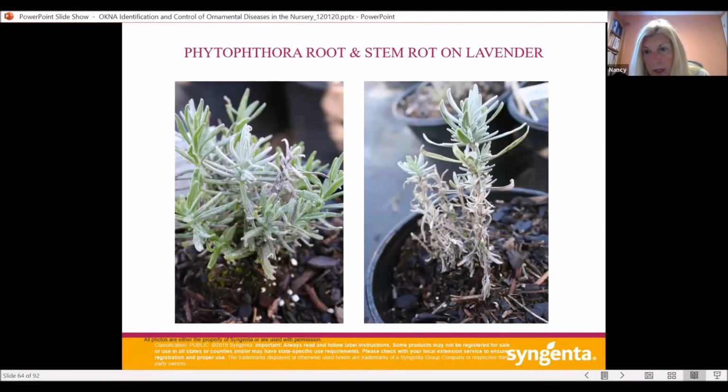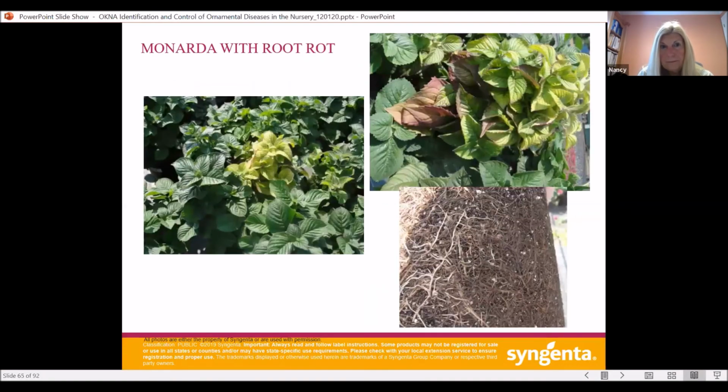If you're growing lavender, you may run into some issues with Phytophthora. This can cause not only a root infection, but also a crown and stem rot here at the base. And so this is typically what you see. This is on Monarda, and everything's green except this one yellow stem.